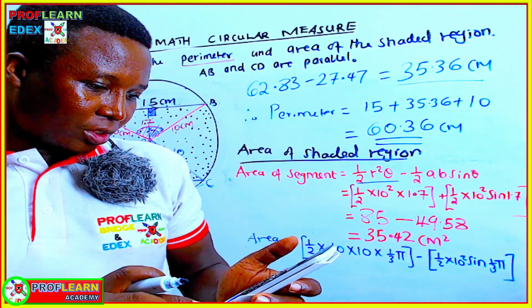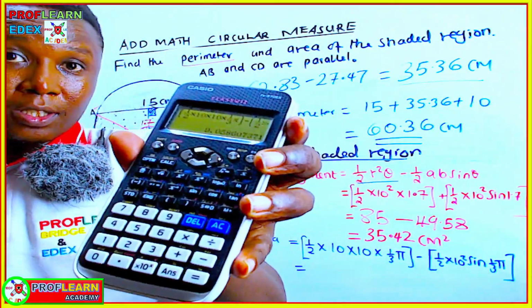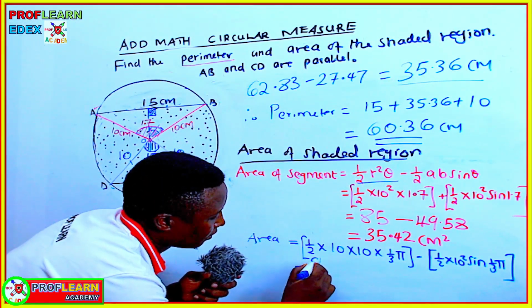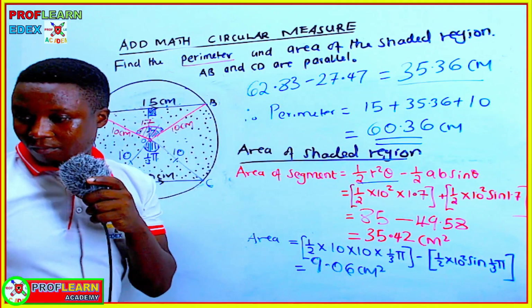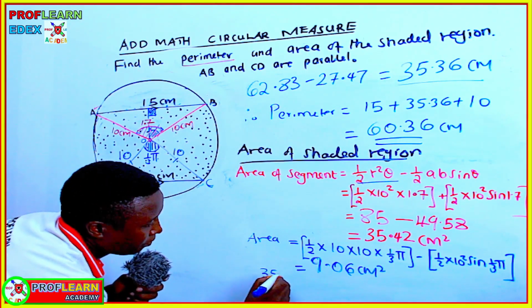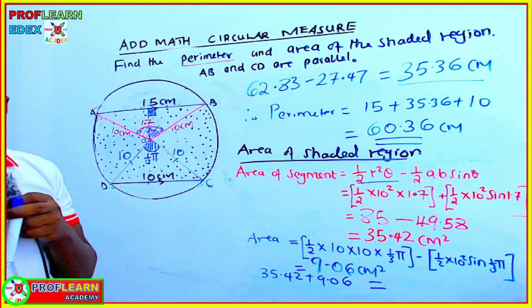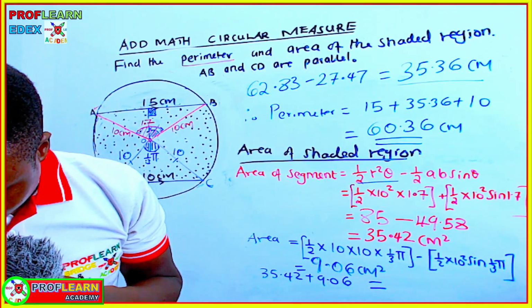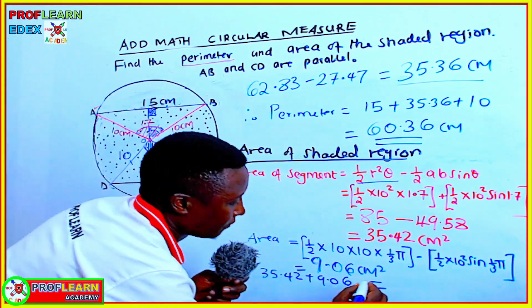If I work it out, I'm getting 9.06 centimeters squared. So we are going to add 35.42 plus 9.06, which gives us 44.48.